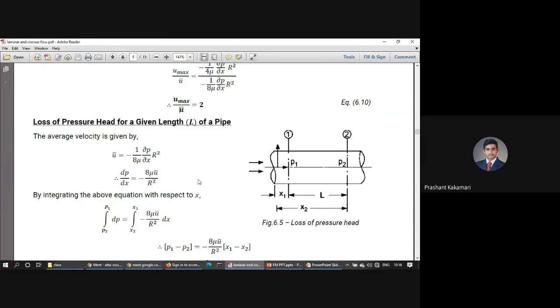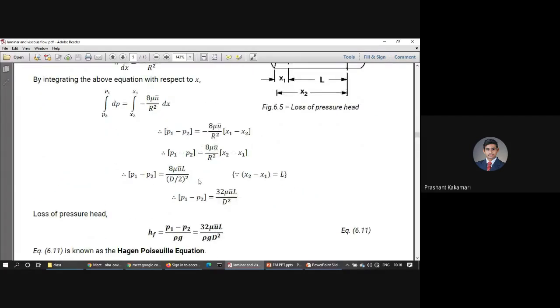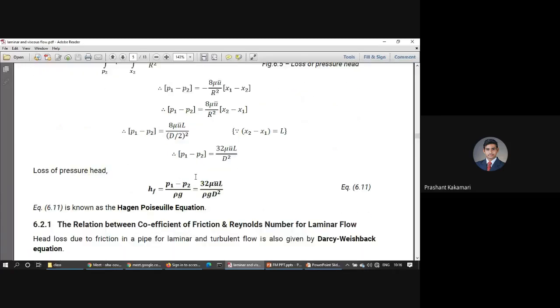Okay, then one more question may be on the Hagen-Poiseuille equation, which you need to derive. For this equation, the marks may be up to 12 marks in the exam. If it is an IA test, it may be 6 or 5 or something, so you can shorten some steps. But again, for this you have to derive the dou p by dou x.